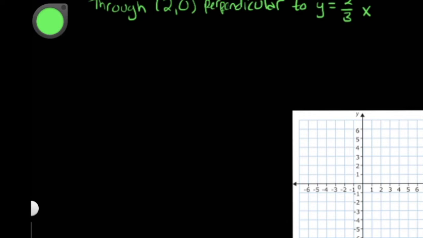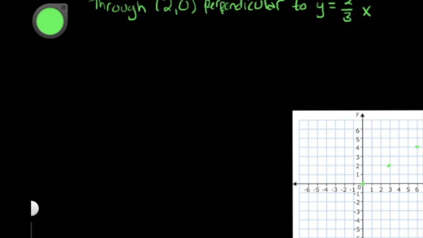So to graph this, we start at 0 because that's where our y-intercept is, and we have a slope of 2 over 3. So we're going to go up by 2 and over by 3. Right there. And then again up by 2 and over by 3.